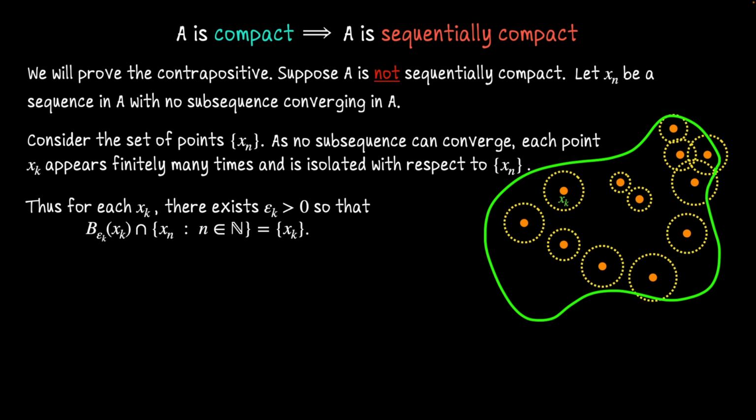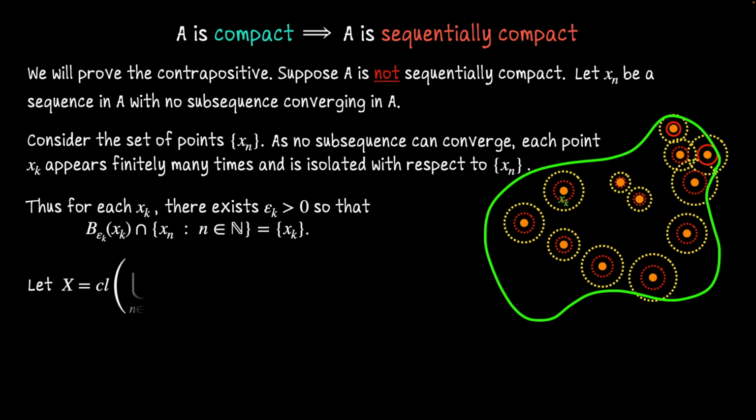Here's how we're going to do that. The guiding principle is that I want to cover everything outside of these sets. So I kind of want to look at the complement of all of these open neighborhoods that we've sketched. However, I have to be sure that I cover any terms in A which sit on the boundary of these neighborhoods. So what we're going to do is take each of the radii that we've sketched and cut them in half.